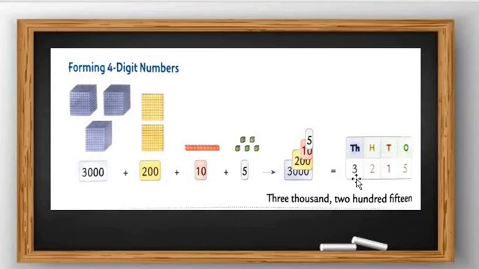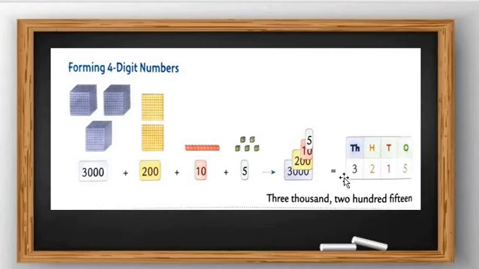Then the hundreds place is which number, all students? Number 2, which means 200 here. And in the thousands place, 3000, what is the first digit? 3. So the thousands place is 3, the hundreds place is 2, the tens place is 1, and the ones place is 5.